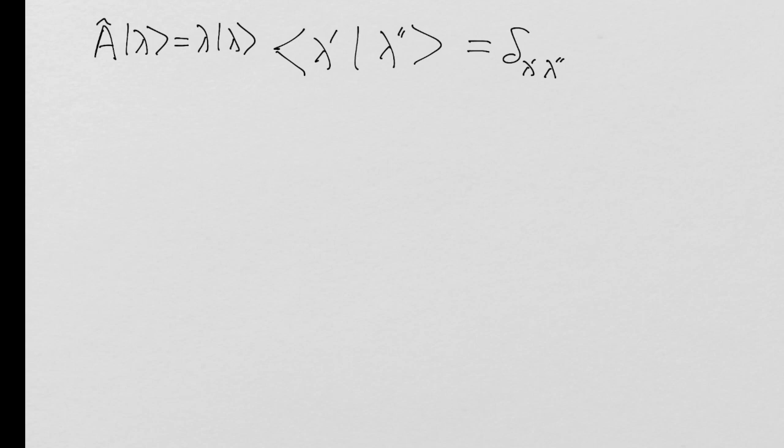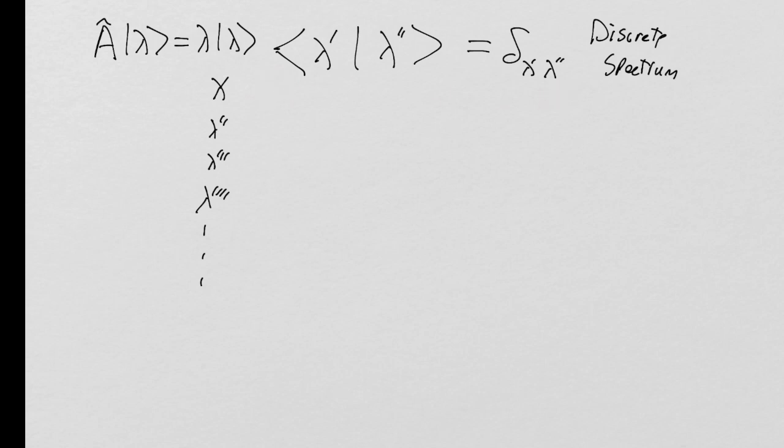Remember, you don't change the physical state by multiplying by a complex number, but you can scale these such that you end up with this delta function orthonormal relationship. This is true if you have a discrete spectrum, meaning you have a countable number of lambda: lambda prime, lambda double prime, lambda triple prime, lambda quadruple prime, etc. If you have a discrete spectrum, this is how you normalize them.